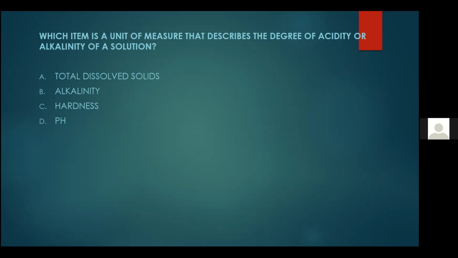What do you think? The acidity or alkalinity of a solution. Nice, I see it. Definitely pH, right here, D.